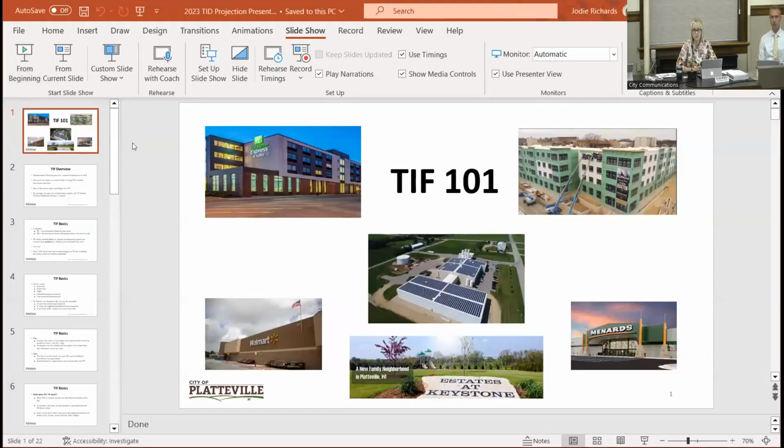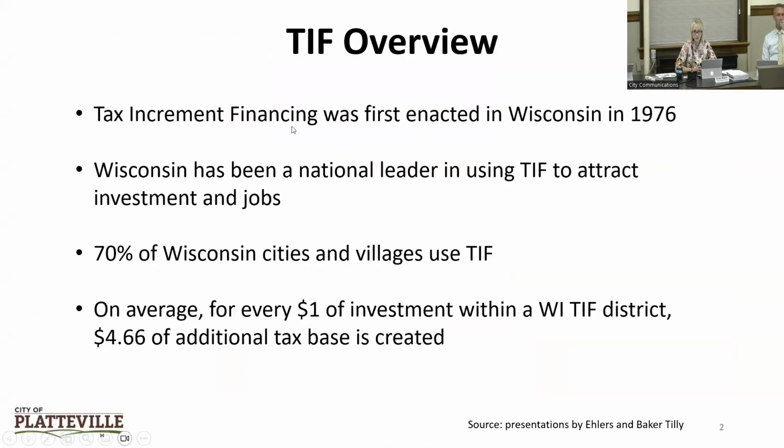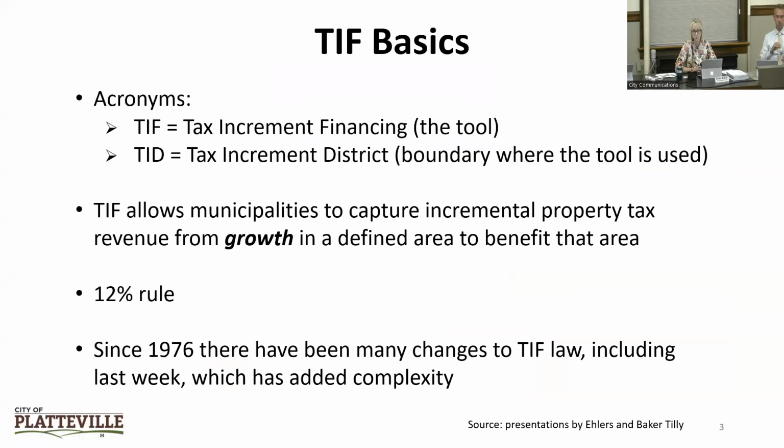So just to go over some TIF basics, there are a lot of acronyms that are bandied around, and TIF and TID are used somewhat interchangeably, but I thought you might be interested to know what the difference actually is. TIF is tax increment financing, which is the actual tool, and TID is the tax increment district, which is the boundary within where the tool is being used.